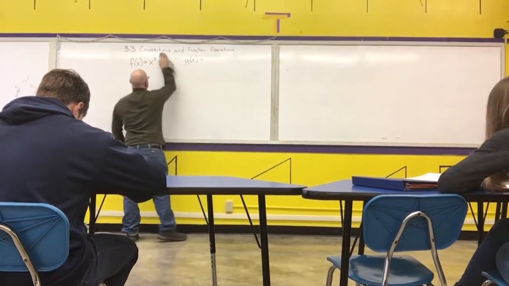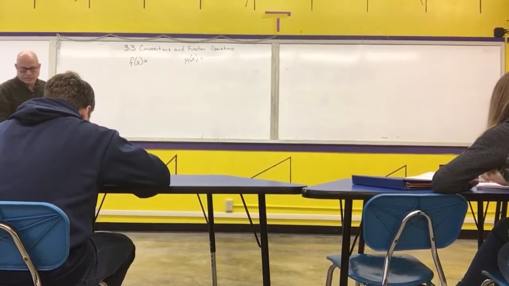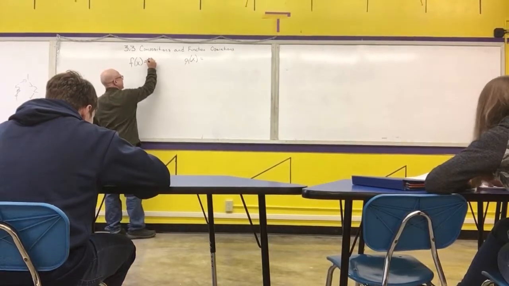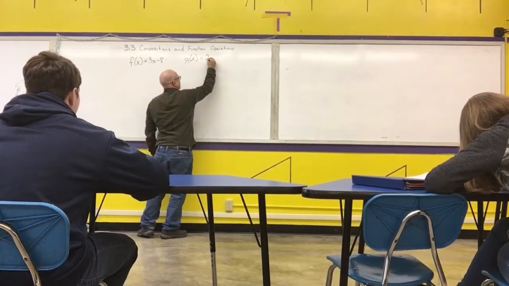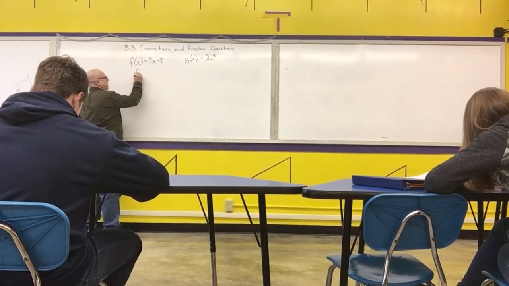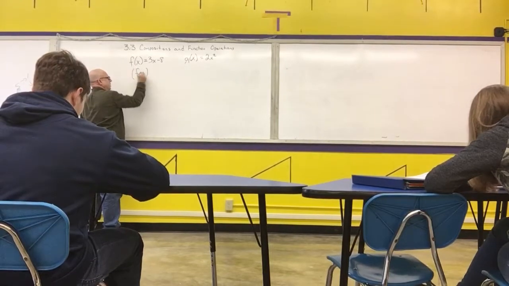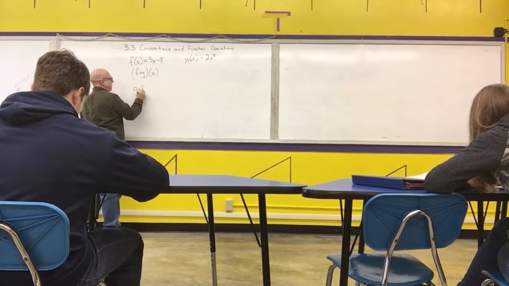So on that problem, what do they tell me f of x is? 3x minus 8. What's g of x? 2x squared. Okay. So I want to find 2 things. I want to find f of g of x. The other thing I want to find is g of f.